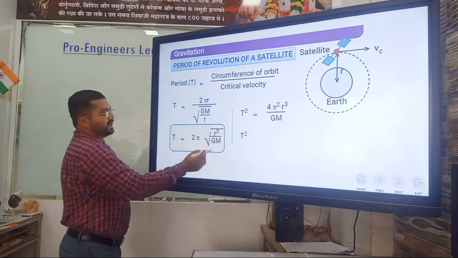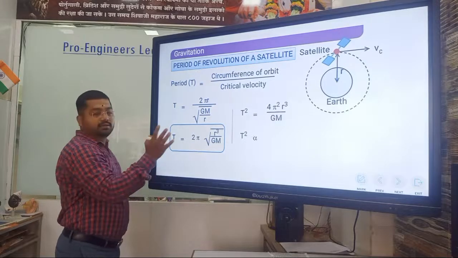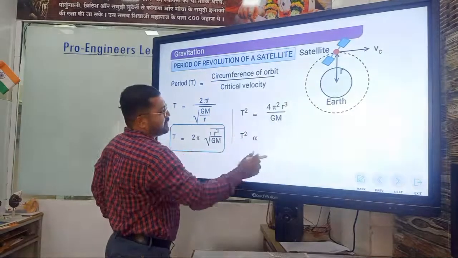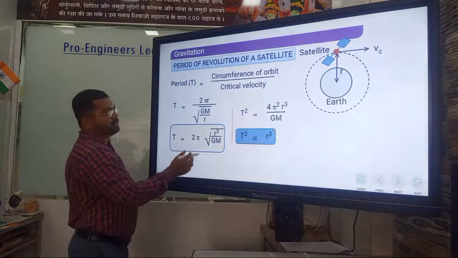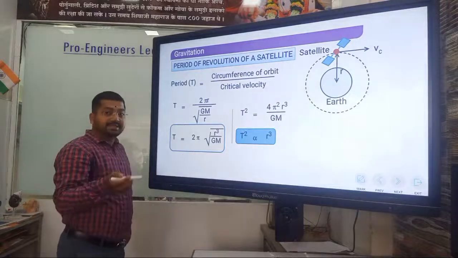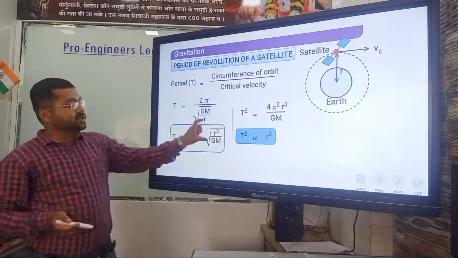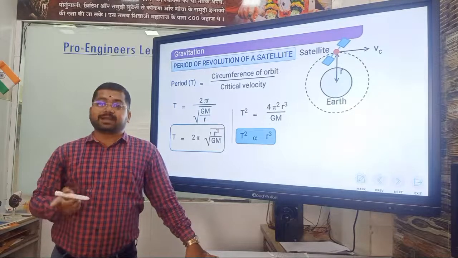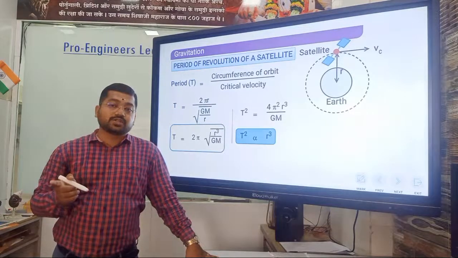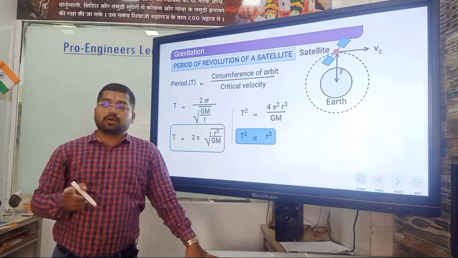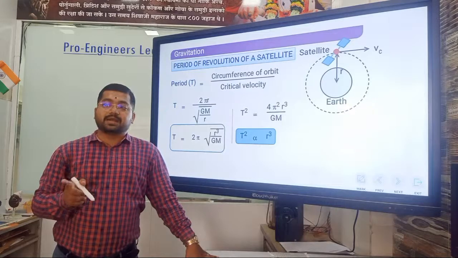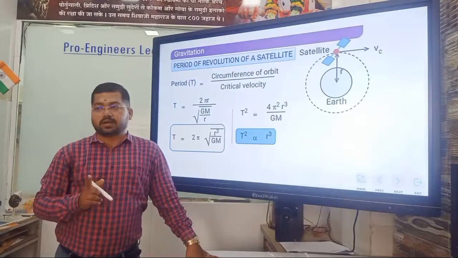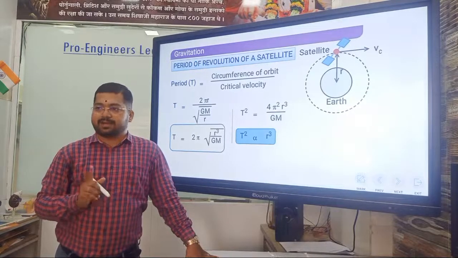So if we take a square on all, so that is T square is equal to 4 pi square r cube upon GM. It means T square is proportional to r cube. Looking at this, which law can be derived using this? Kepler's third law. याद आ रहा है Kepler's third law? Yes, sir.